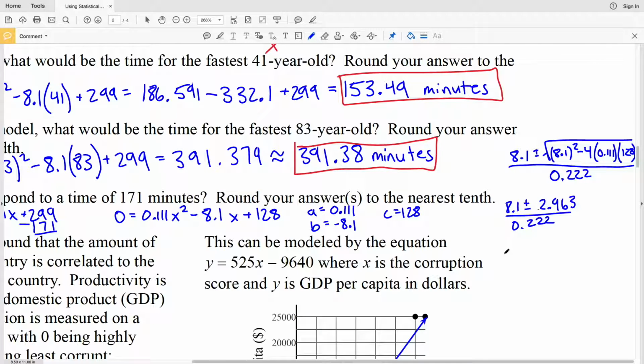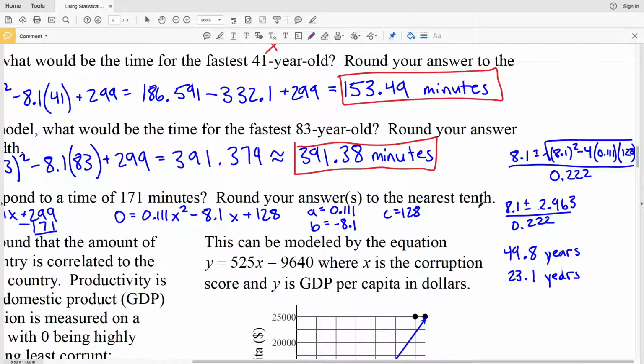So that's going to be 49.8. So 49.8 years. And then if we take 8.1 and subtract 2.963 and then divide by 0.222, we'll get 23.13, which rounds to 23.1.